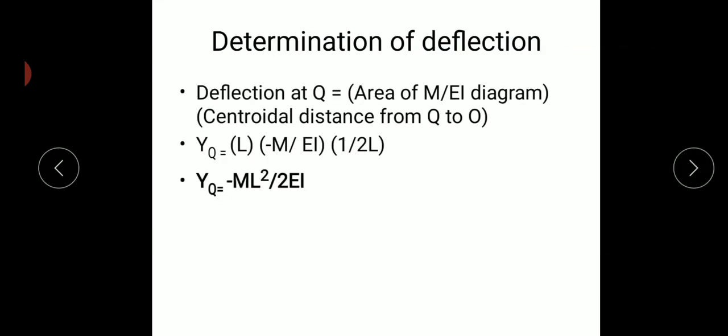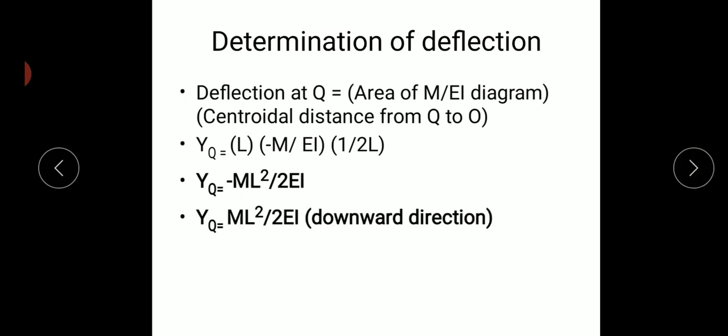After simplifying, y will be equal to minus ML squared divided by 2EI.